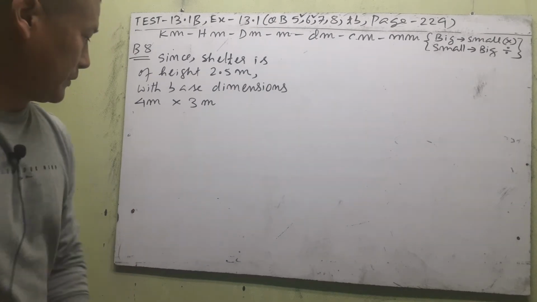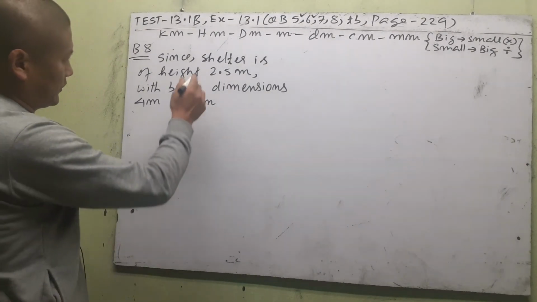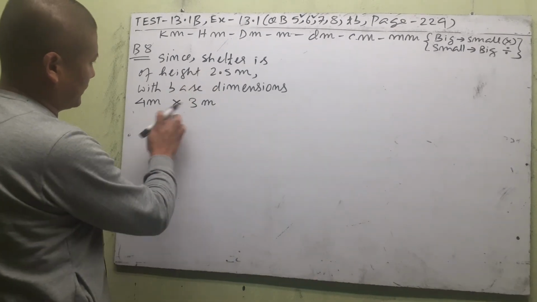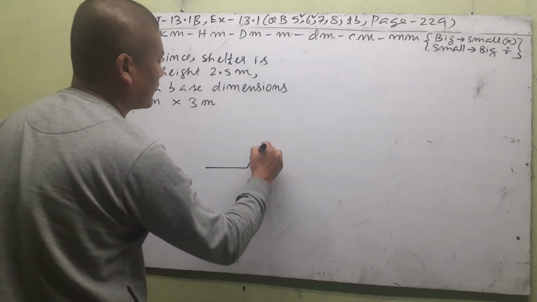So 4 into 3 meter. So the shed will be something like this. Because of this, the height, the base 4 or 3, so 4 and 3.